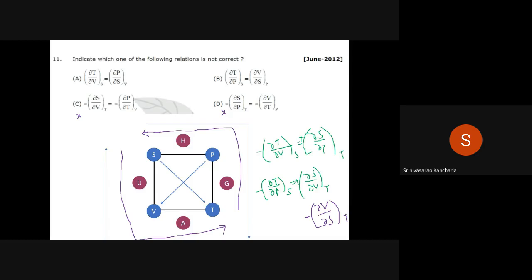Fine, then I will check it in the original question paper, June 2012, right? Okay, sir. I think that we did not discuss this type of question based on Maxwell equations, probably. We have discussed the other three.